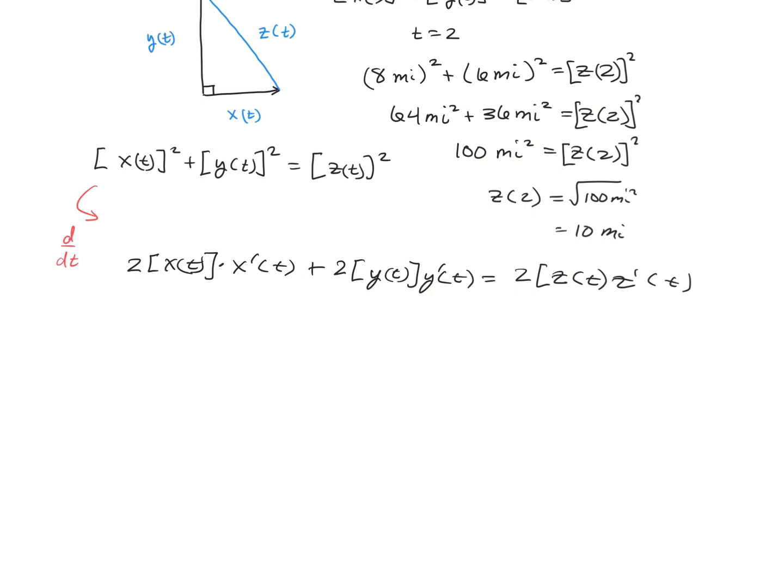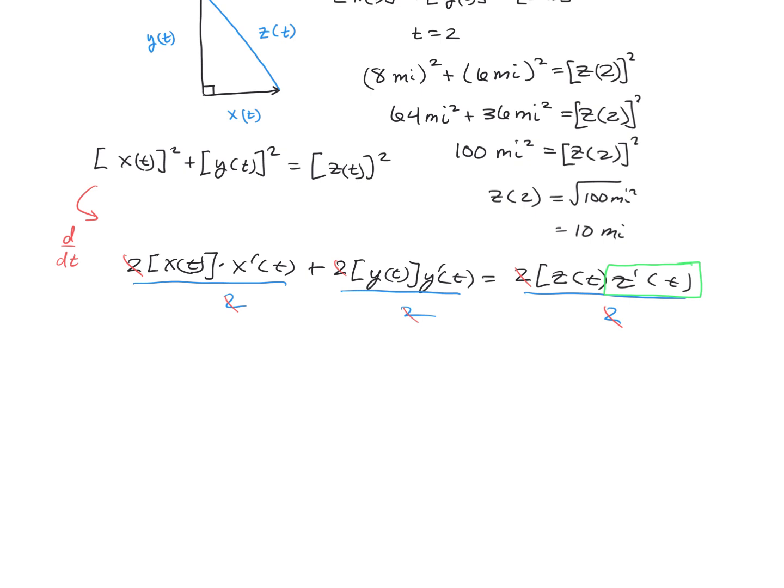And now what we can do is do a little bit of simplification. We can divide this whole equation through by 2. And we can also go through and think about what we're trying to solve for. In this case, we are solving for the rate of change of the distance between them. So we are trying to find z prime of t. So we need to algebraically isolate it.